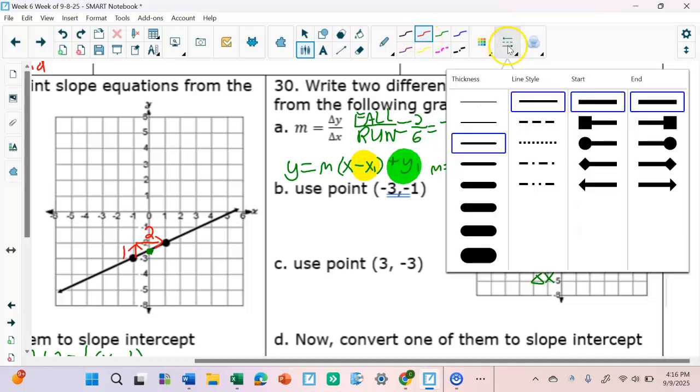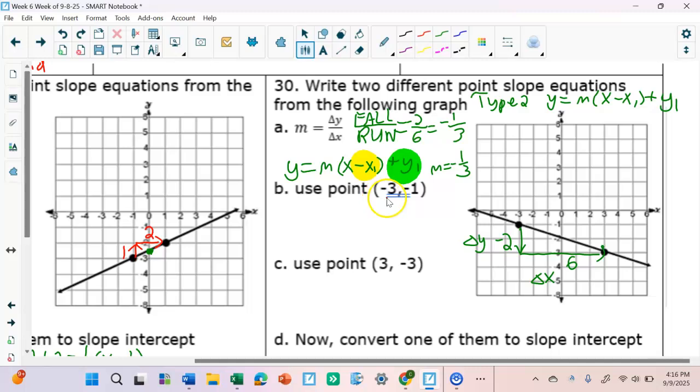Okay, m is negative 1/3. So if we put it in type 2, it's still y equals m, it's still x, and then opposite x1, so x plus 3. And when it's in this form, when I brought plus y1 to the right side, it says plus whatever y1 is. Well, y1's negative 1.